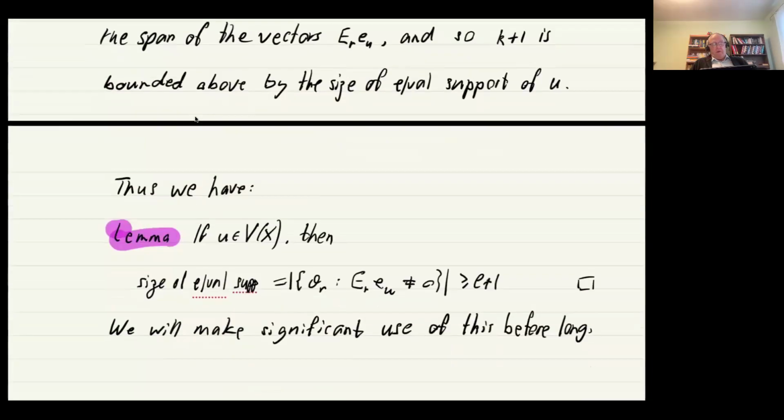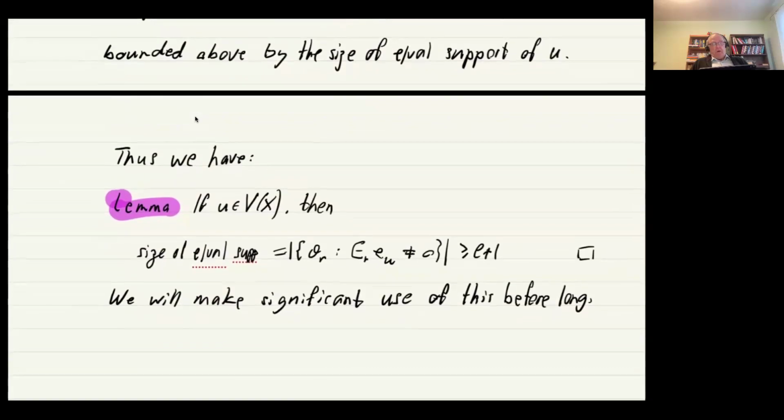Okay, so that's what's going to happen. Now, we're not going to do that for a little while yet, but that's where we're going to use it. It's going to enable us to prove that there are only finitely many connected graphs with maximum valency k admitting perfect state transfer.